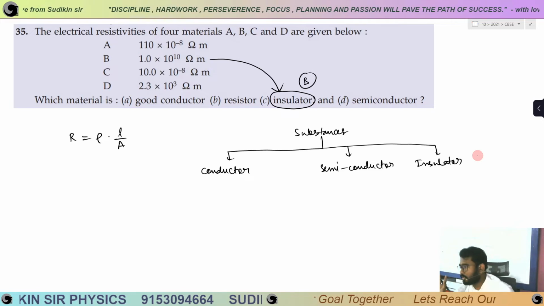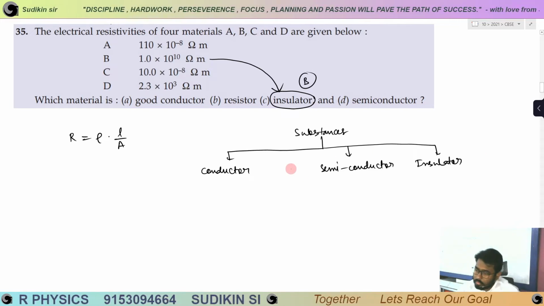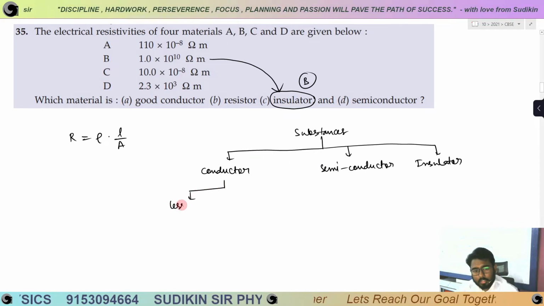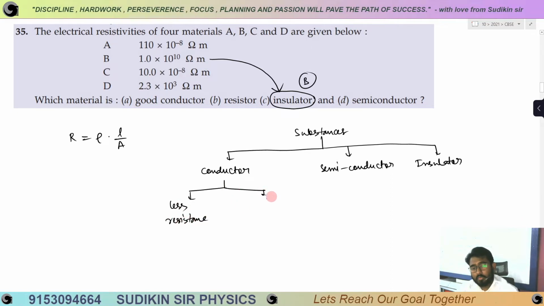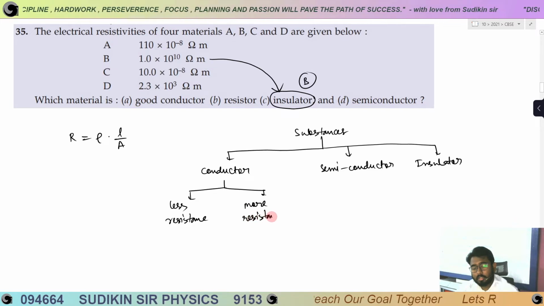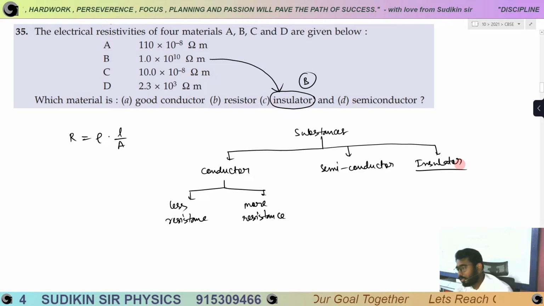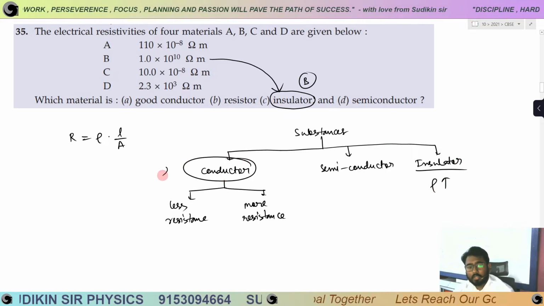So conductors can have less resistance, and they can also have more resistance. Now, insulator won't allow current to pass. That means its resistivity will be maximum and the resistivity of conductor will be minimum.